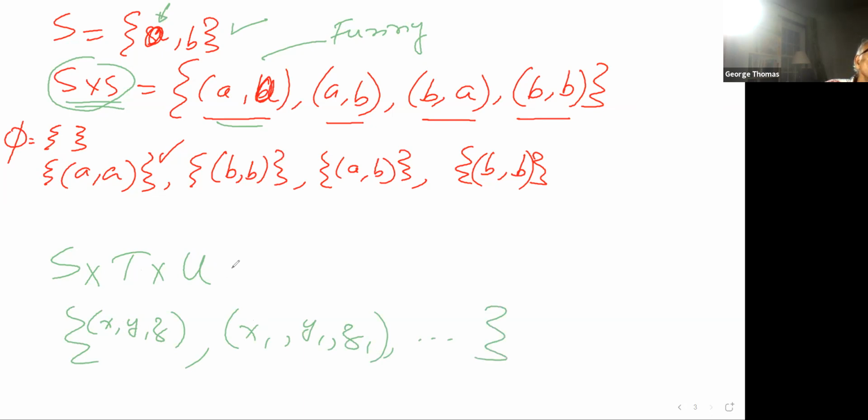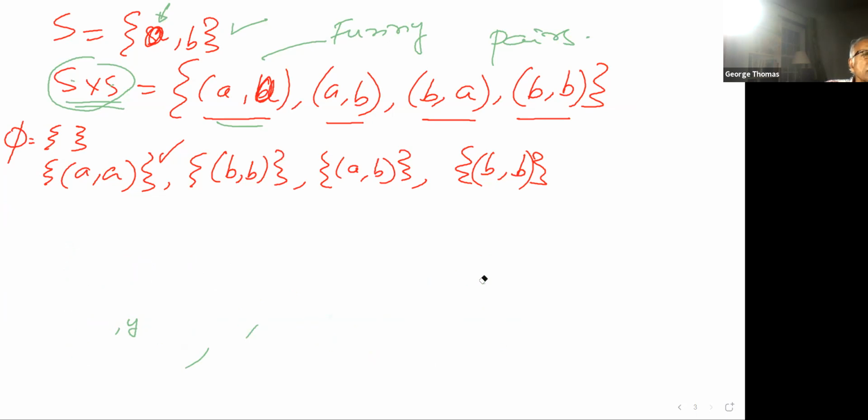See, the more you add, the more elements the elements will have. These are triples. These are pairs, because you have only 2 sets here. Let me go back.